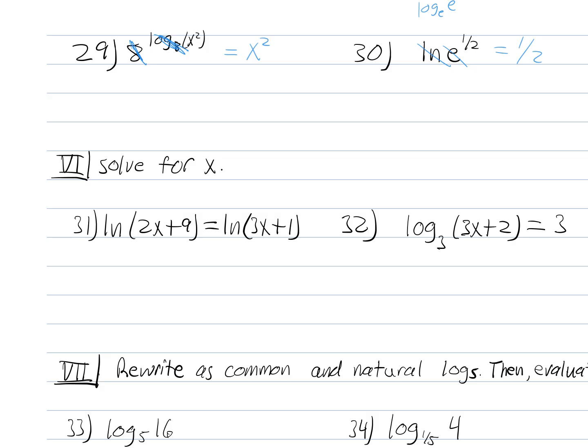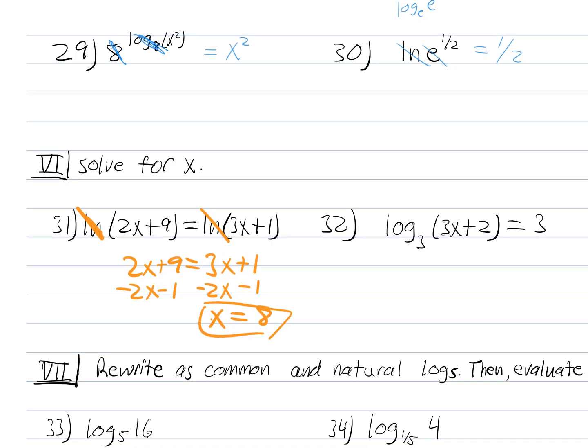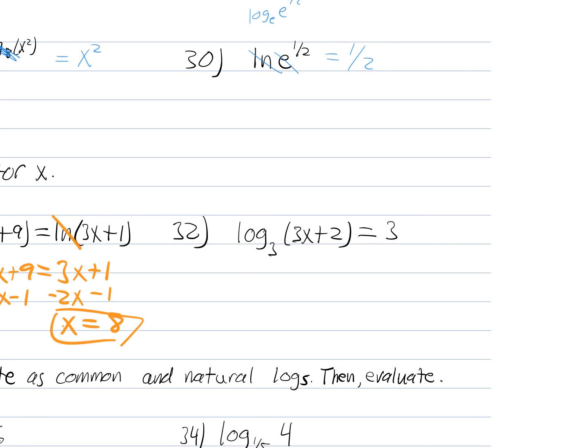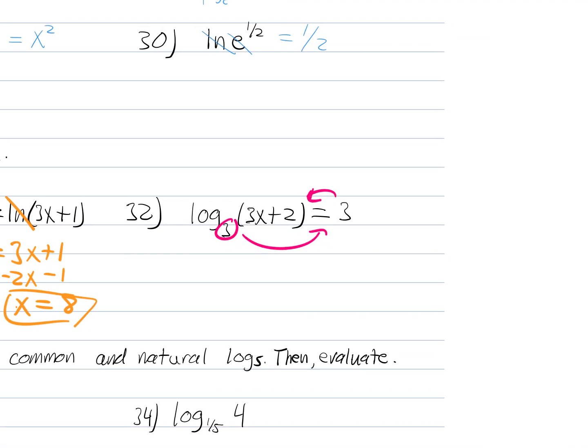All right, so something like this is another one where we can use some properties. Number 31, we can use the one-to-one property of logs, and then you can cancel out your ln's, and then you just get 2x plus 9 equals 3x plus 1, and then you can just get your x by itself. All right, so we get here x equals 8. All right, 32 we can convert to an exponential equation. 3 to the power of 3 equals whatever's on the inside.